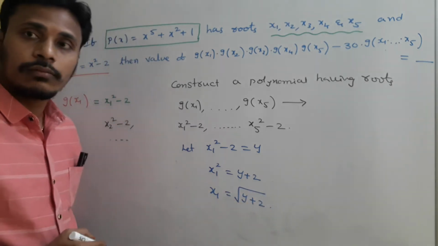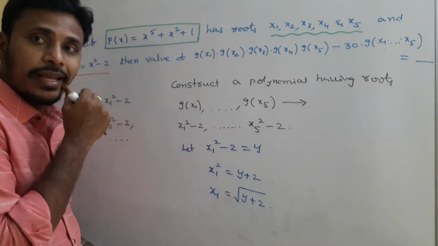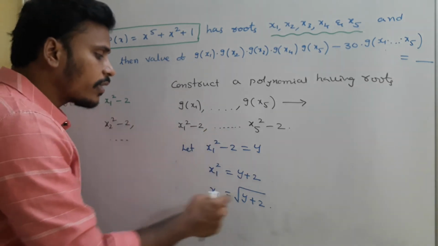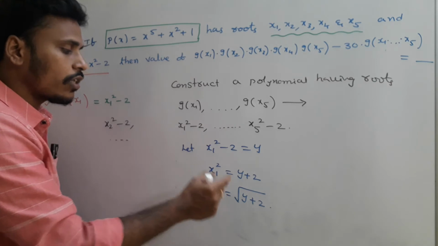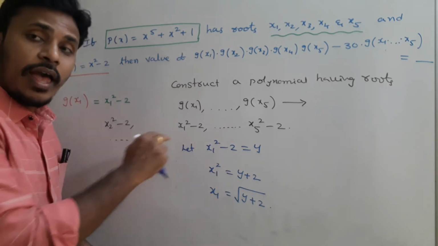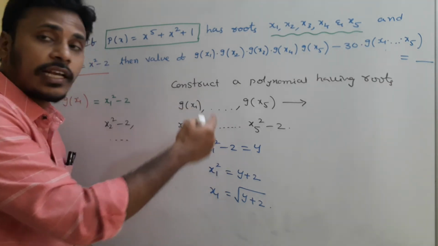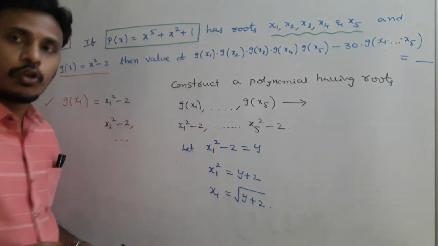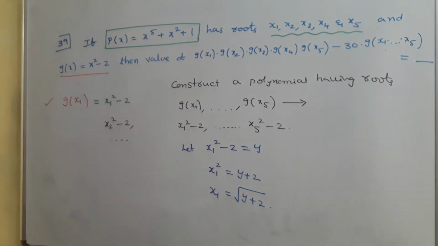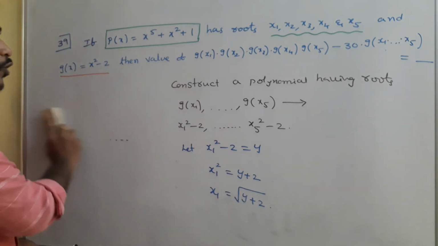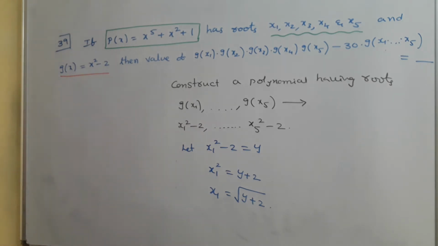Similarly, if you think about x2 square minus 2 and everything, they are all symmetrical. So x1 is equal to root of y plus 2, and x2, x3, x4, x5 are all of this format only. But as given, x1 is a root of the given polynomial.